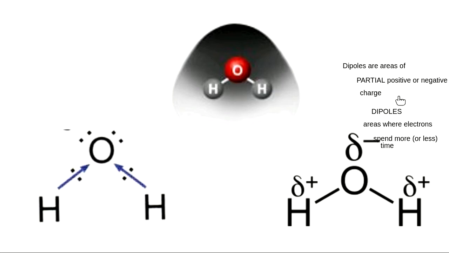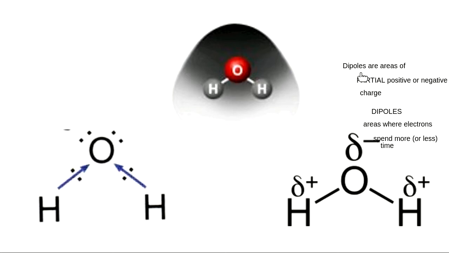This partial word is important, and I want you to keep that in mind with dipoles. Dipoles are areas that kind of look more negative, but they're not 100% negative. Because see, we talked about things like sodium or potassium that are always positive, or we talked about chloride, how that's always negative.